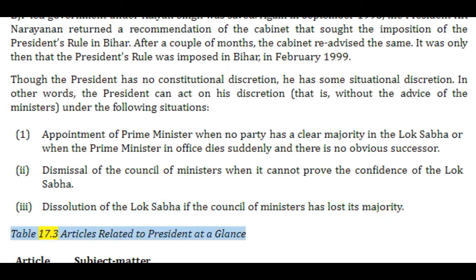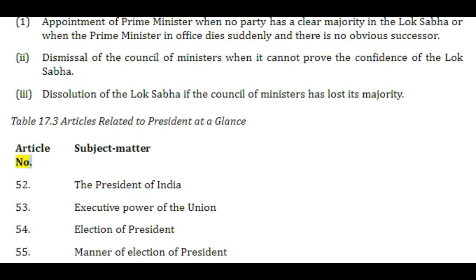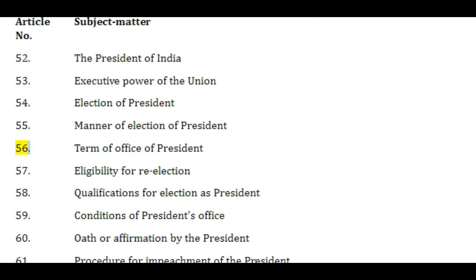Table 17.3: Articles related to the President at a glance. Article No. and Subject Matter. 52. The President of India. 53. Executive Power of the Union. 54. Election of President. 55. Manner of election of President. 56.